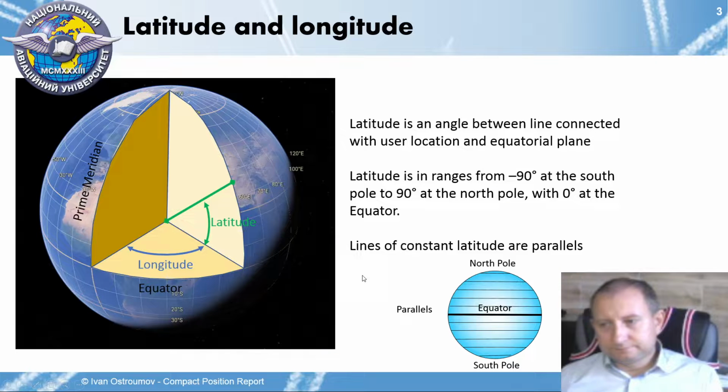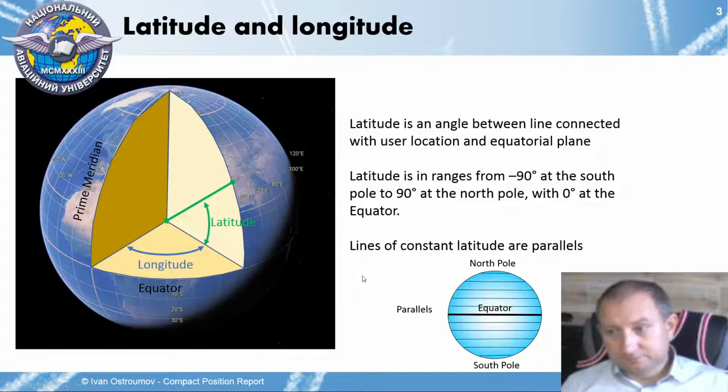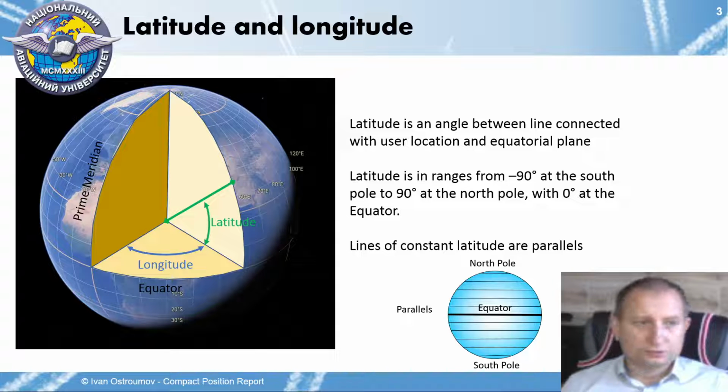First of all, let me remind you what latitude and longitude mean. First of all, latitude. Latitude is an angle between a line connected with the user and the equatorial plane. Thus, if we cut our planet by the equator, we can see the equatorial plane.